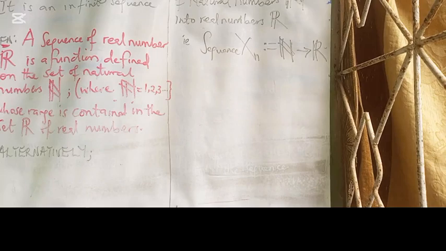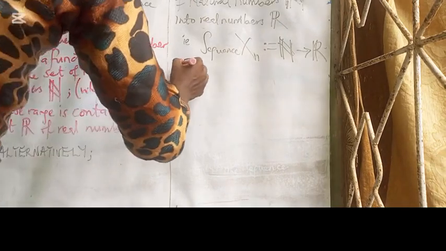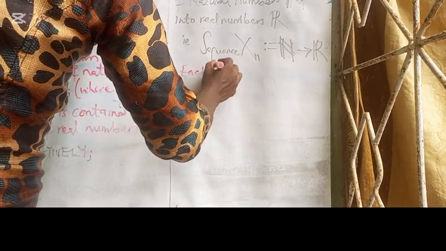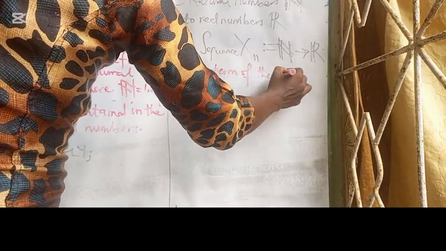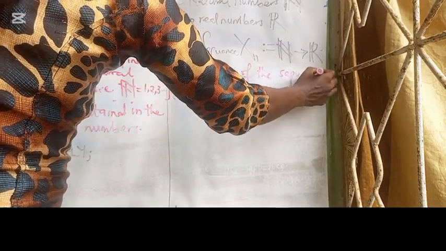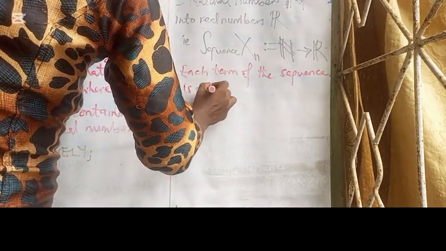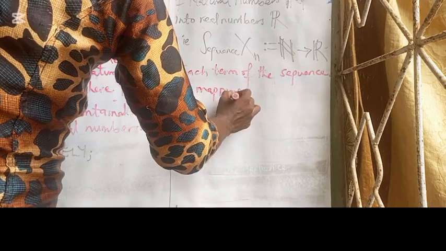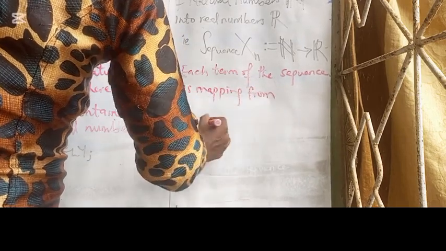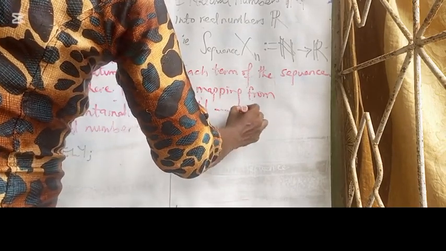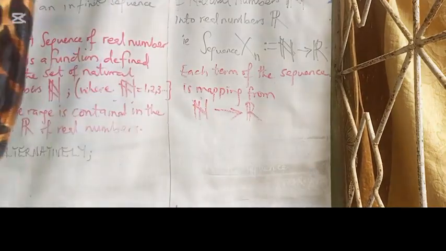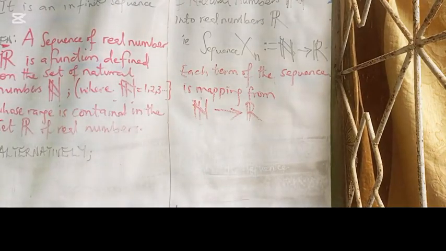Now each term of the sequence is a mapping from the set of natural numbers to what? The set of real numbers.